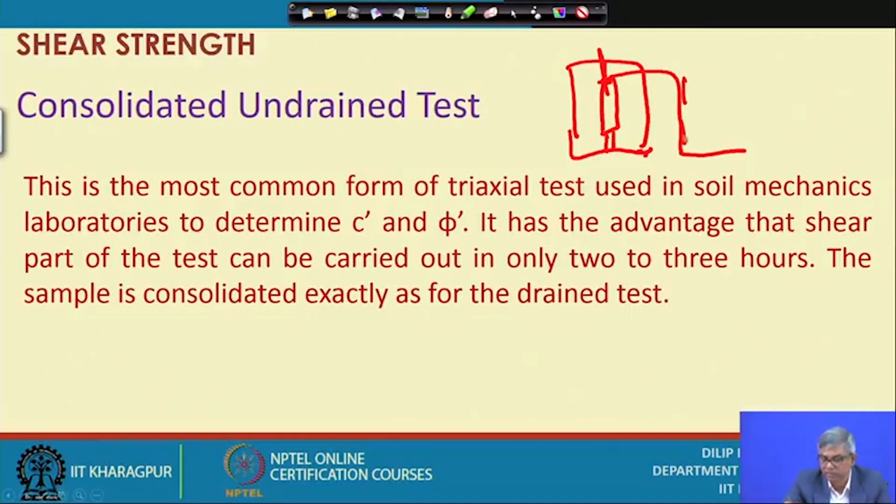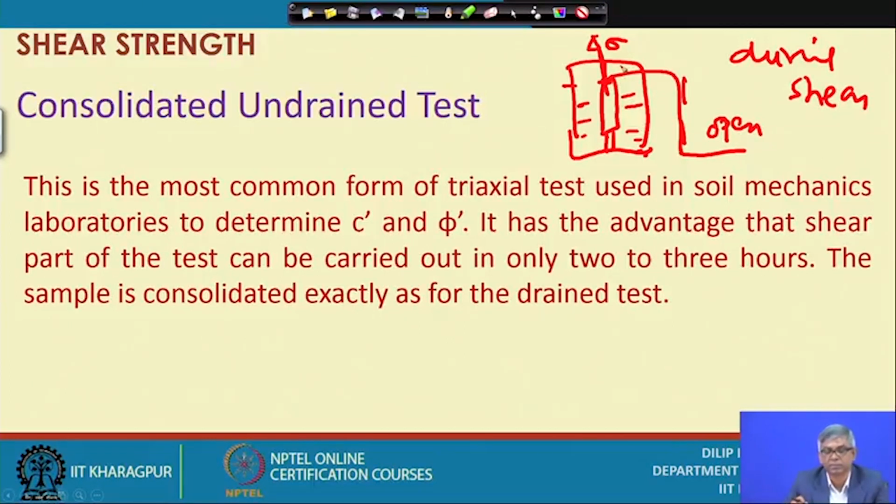When consolidation takes place under the confining pressure, the drain is open, and during shear, while applying additional axial stress or deviator stress, this drain valve will be closed. That is why it is called consolidated undrained.